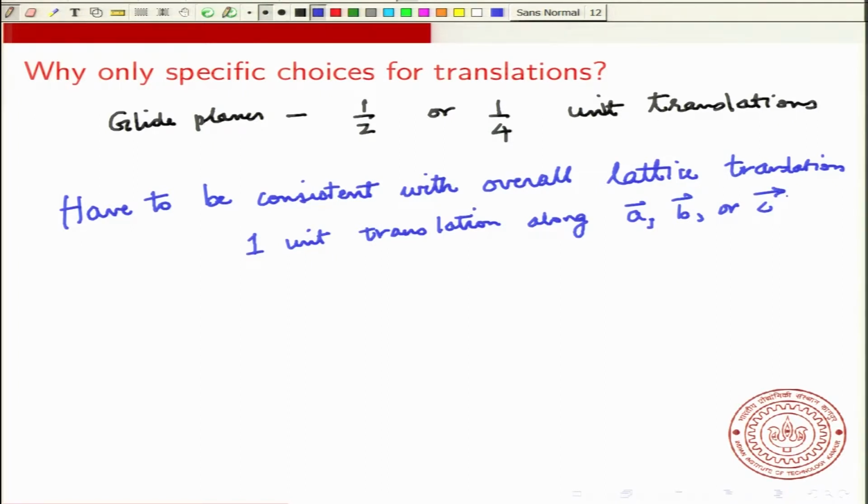So, whatever glide planes you have should be consistent with this overall lattice translation.